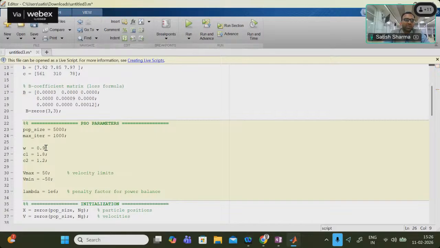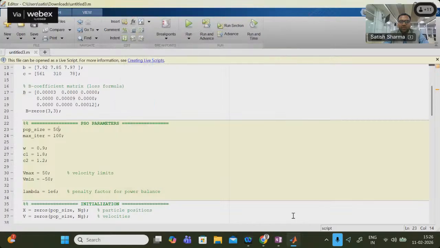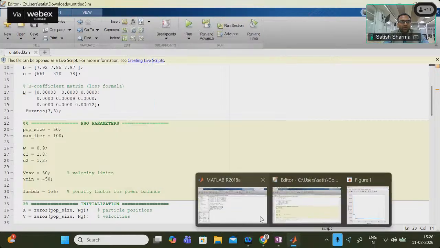Let's say if the inertia is very high and we are moving the global best value very little, and if I run it again with less number of population and fewer iterations, maybe we will get some different solution, and it has converged very fast.